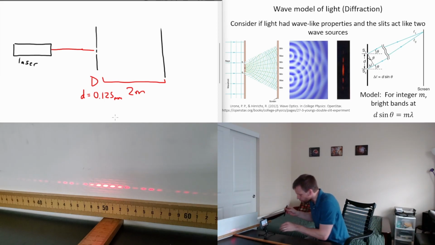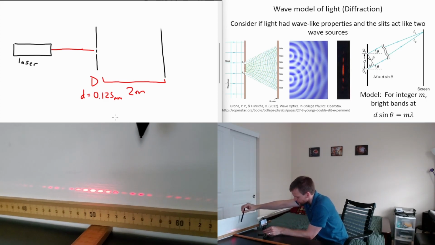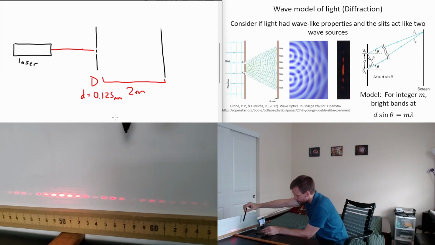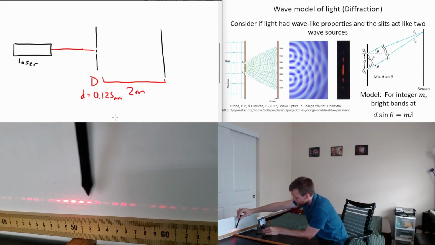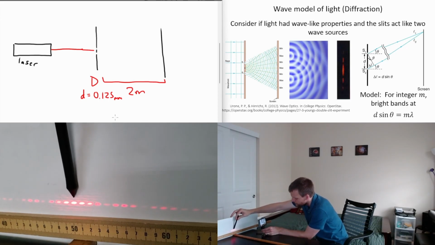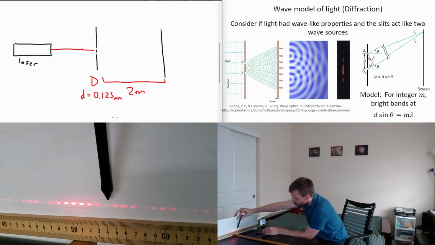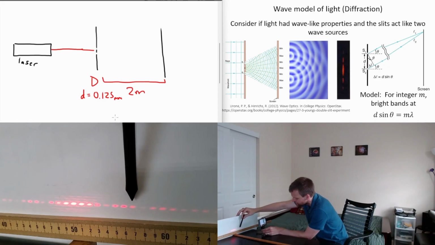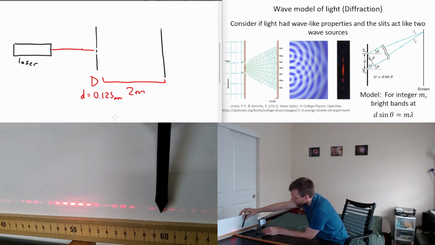And now over here, we want to measure where are we getting some of these bright bands. Now, just for simplicity, I'm going to try to measure how far from the central fringe is the 10th bright band. So we're starting from here, which would be the 0th band, m equals 0, and then we've got 1, 2, 3, 4, 5, 6, 7, 8, that one's kind of hard to see, 9, and 10.